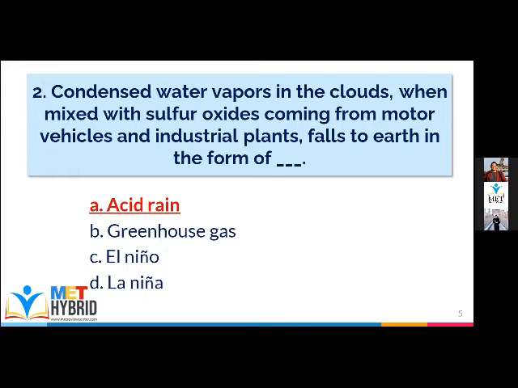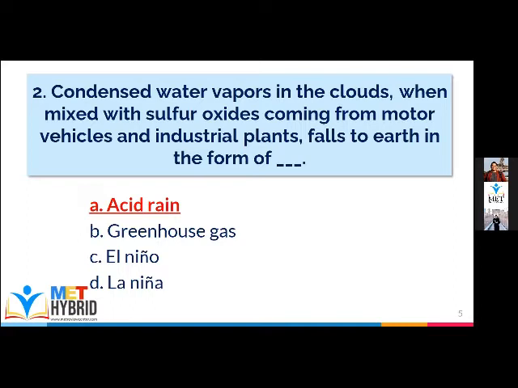So water, may it be distilled water, tap water, salt water, sea water, groundwater, always has the chemical composition H2O, meaning two atoms of hydrogen and one atom of oxygen. Now, if your H2O combines with a sulfur oxide, say SO3, then that's when they form another compound, H2SO4, which is actually your sulfuric acid.